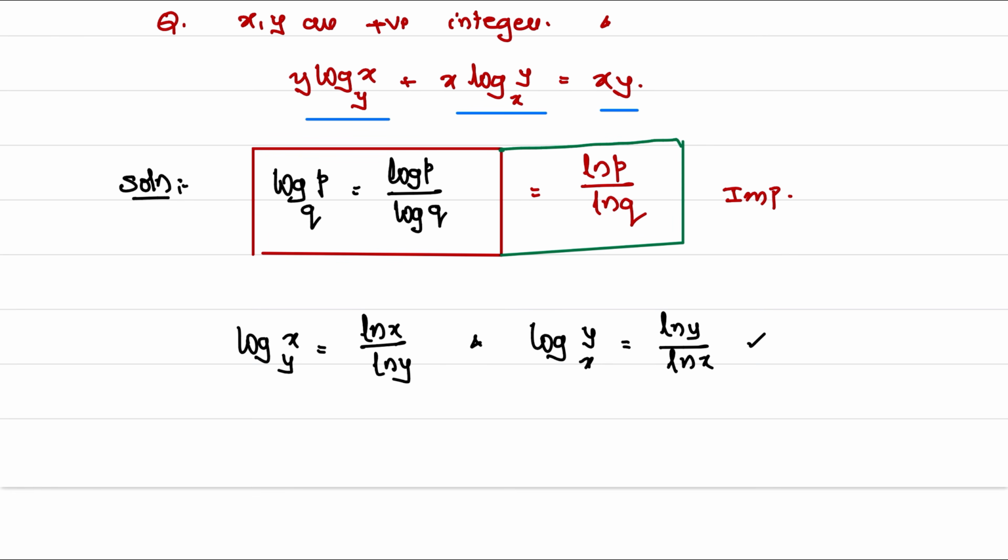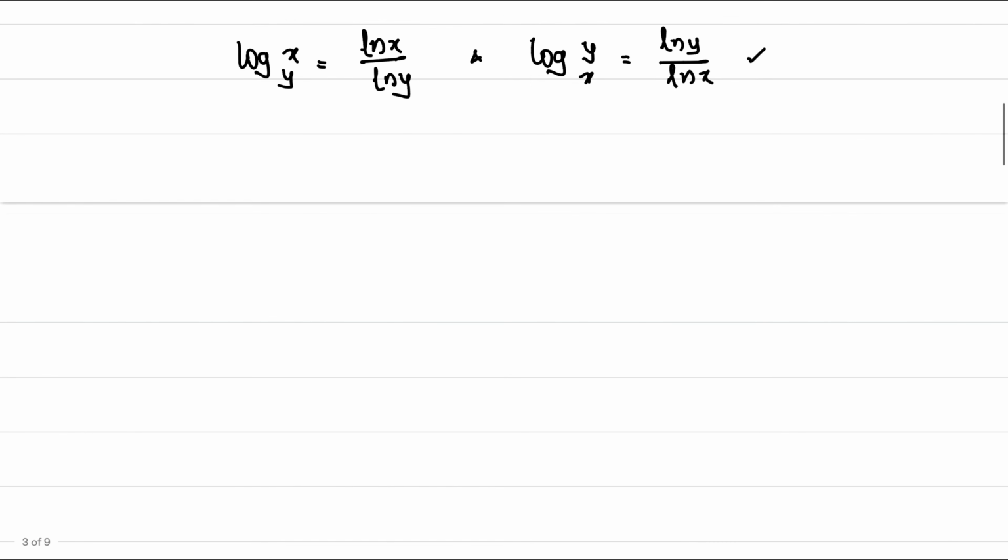With these two we arrived at from the property of log p to the base q is equal to ln p by ln q. Now, what is the given equation? y into log x to the base y plus x into log y to the base x is equal to xy.